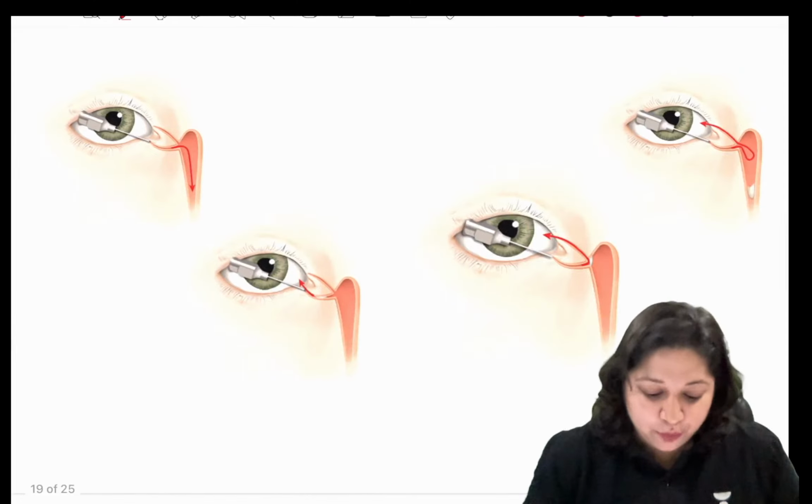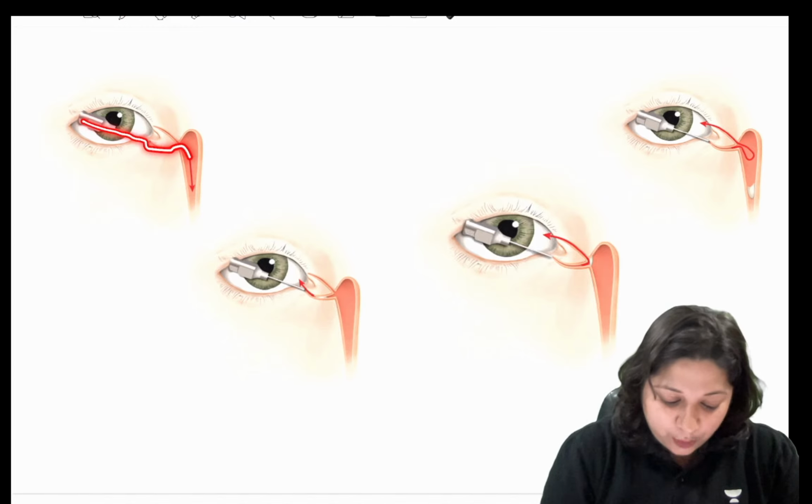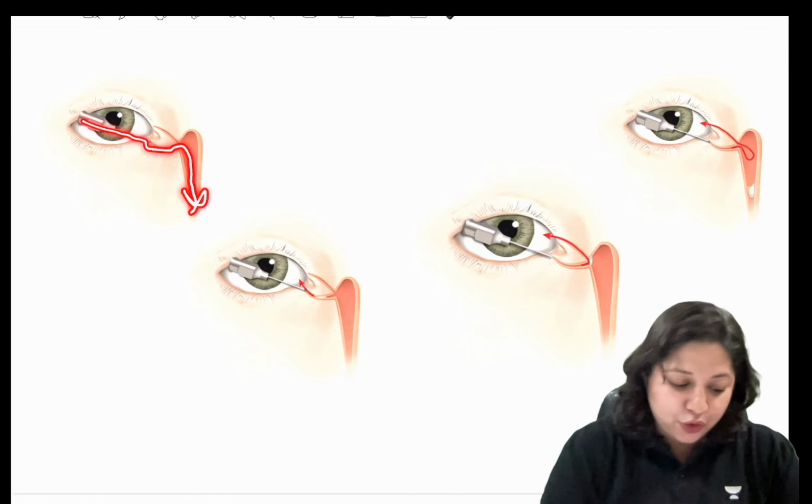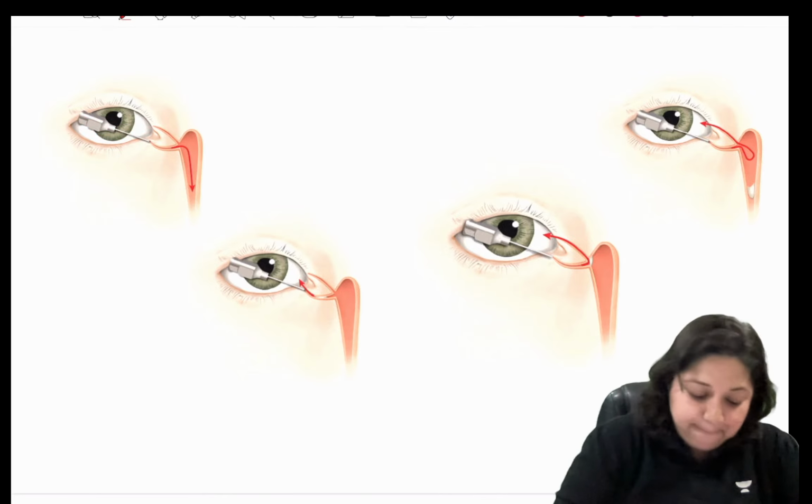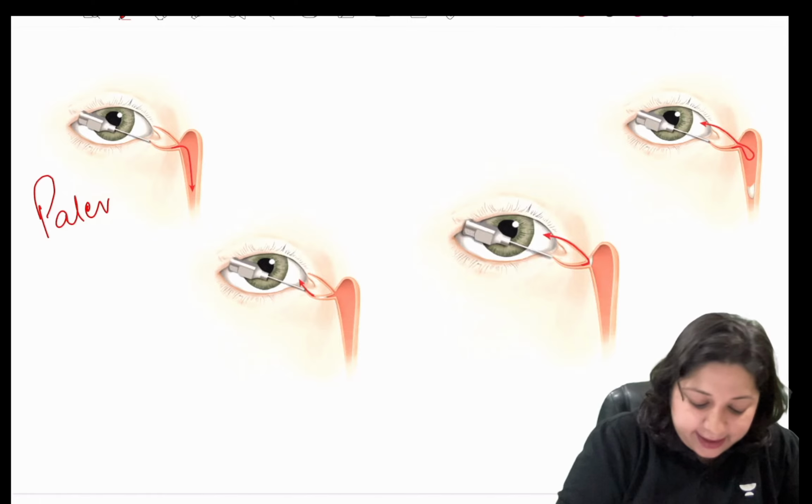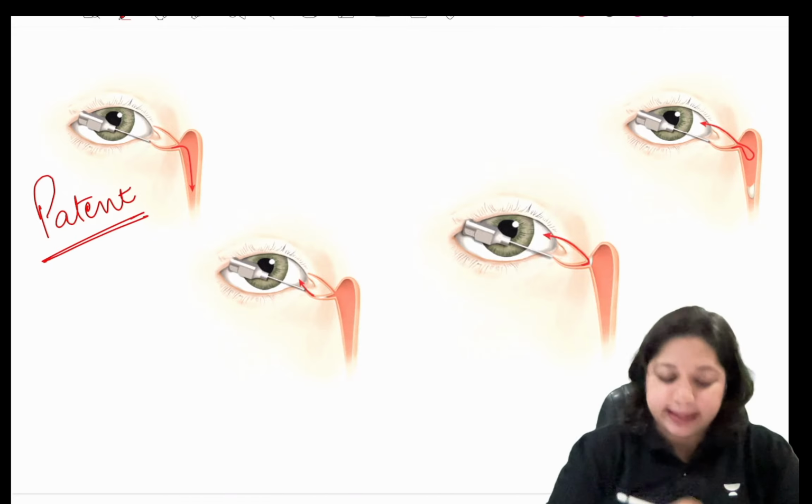Is that clear? Okay. So moving on to the next, just tell me what do we see here and what is the surgical treatment? Let's quickly see. So what do we see here? You cannulate the lower canaliculus, you push in fluid and the fluid passes. So what is it? It is patent.